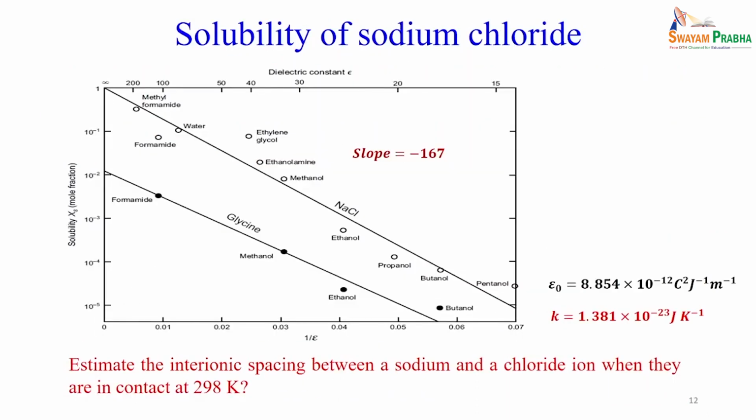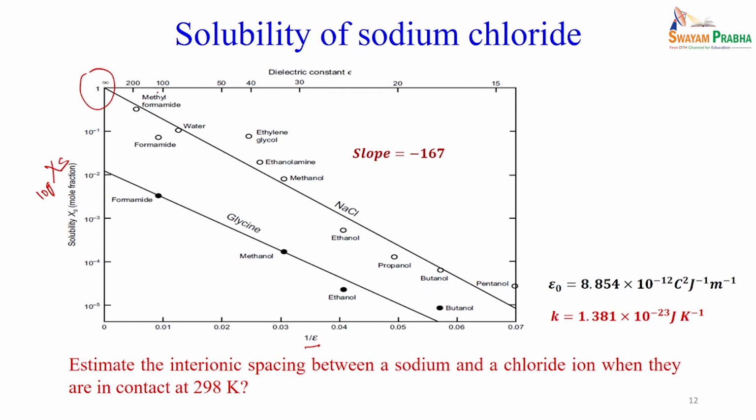So, this is the log plot, this is the log of Xs, so 1 upon epsilon. It is starting from the origin, from infinity, and this is NaCl.